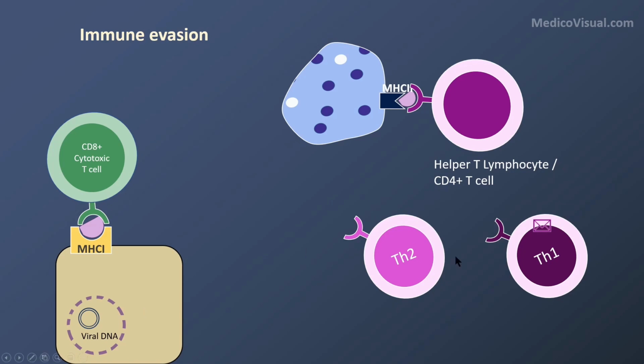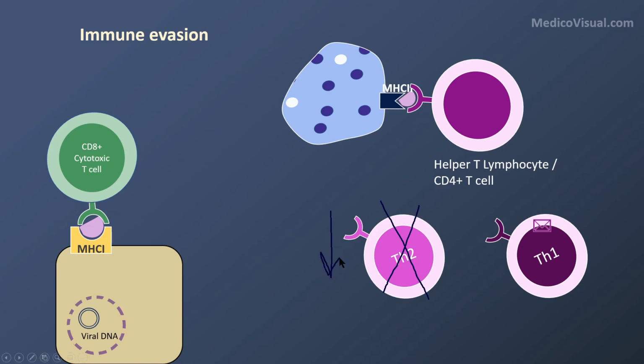So the commander will order it back to kill this cell, and it will also order more and more copies of this cytotoxic T cell to be made. And because it was presenting the cell and sending the message, more and more Th1 cells will be generated and Th2 will be suppressed.